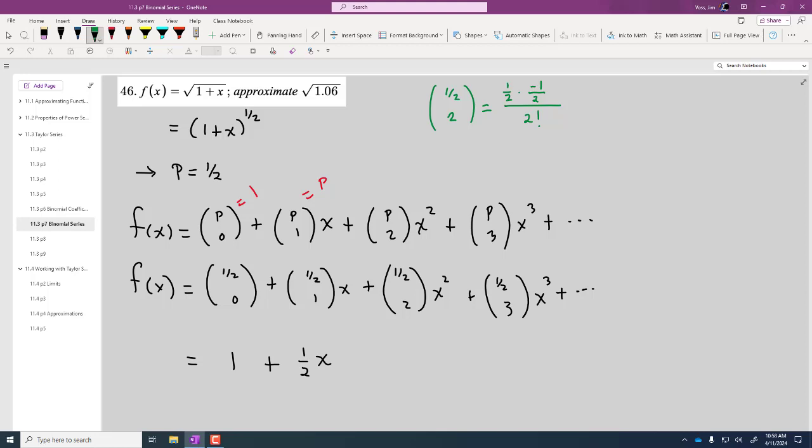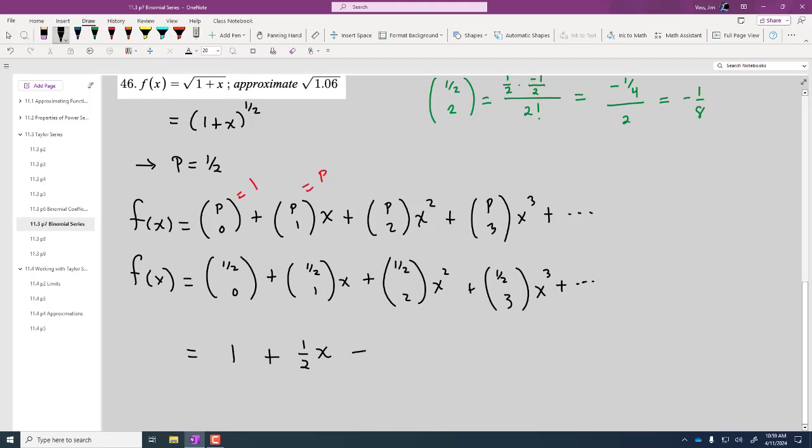Since k is 2, we only need 2 factors, so we only have to do 1 subtraction of 1. So that's it. In the numerator, we have -1/4. Denominator, we have 2, so this will turn into -1/8. So that is our next coefficient down here, -1/8 x squared.